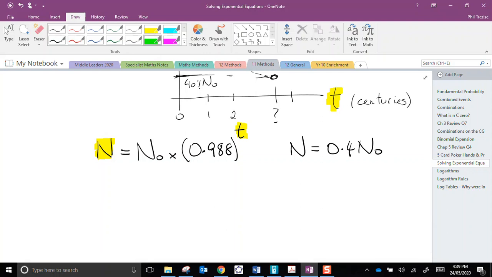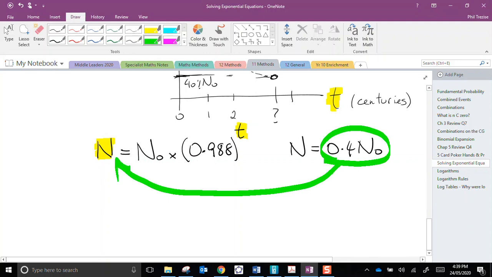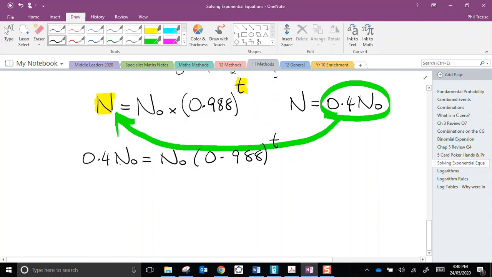Now I am going to write this instead of n. 0.4 by n naught should equal n naught times 0.988 to the power of t. I can divide both sides by n naught. So they're gone.